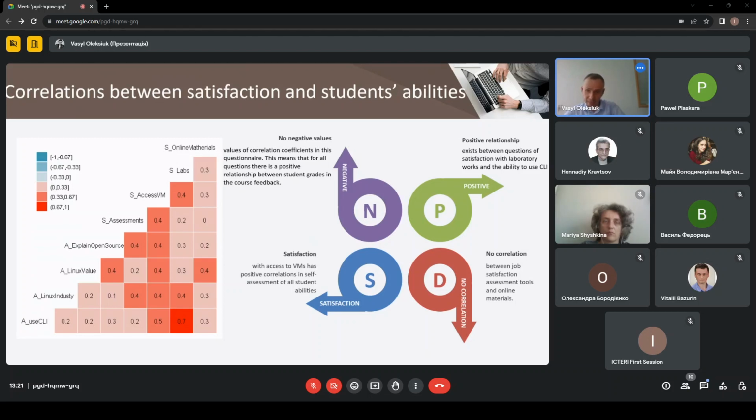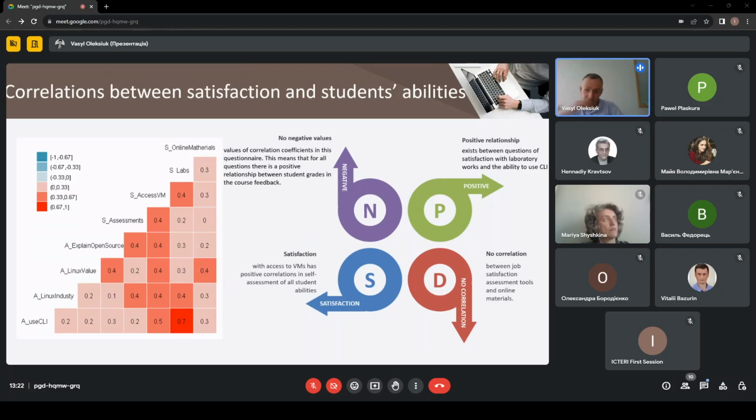Satisfaction with access to virtual machines has a positive correlation with self-assessment of all students' abilities. It is hoped that students understand the importance of practical experience using Linux and have confidence working with this operating system using modern cloud technologies. There is no correlation between job satisfaction and online materials.